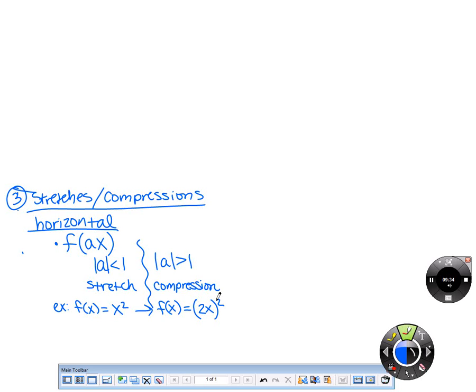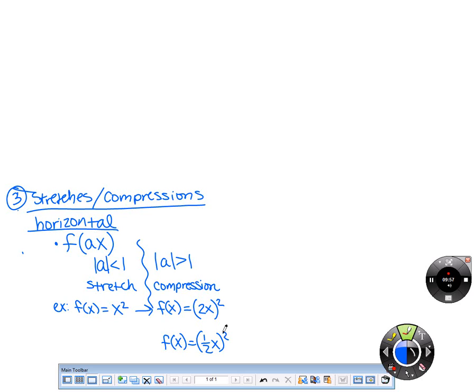Notice that the 2 is inside what's being squared. That's how I know that this is a horizontal stretch or compression and not a vertical stretch or compression. Okay? Or I could multiply by something like 1/2 instead. Okay?